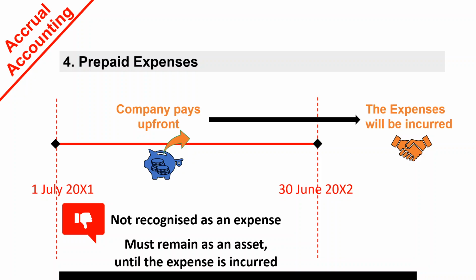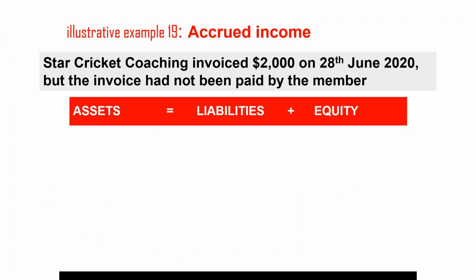Let's record these transactions in the accounting equation. We are starting from accrued income. The transaction is Star Cricket Coaching invoiced $2,000 on 28th June 2020, but the invoice had not been paid by the member. The reporting period ends on 30th June 2020. The coaching service is already rendered, therefore the income is earned during the reporting period.